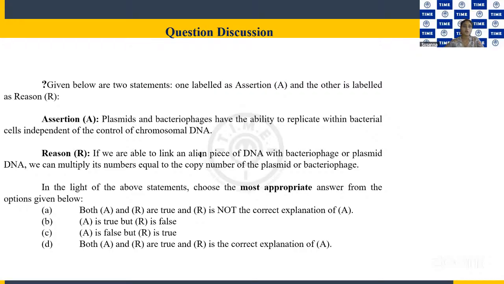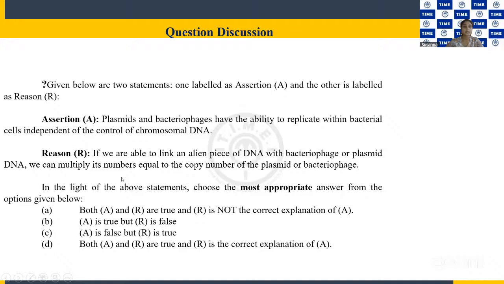Given below are two statements, one labeled as assertion A and the other labeled as reason R. The assertion is: plasmids and bacteriophages have the ability to replicate within the bacterial cell independent of the control of chromosomal DNA.